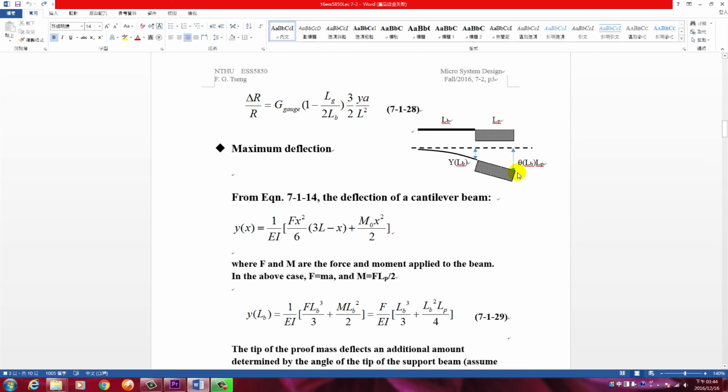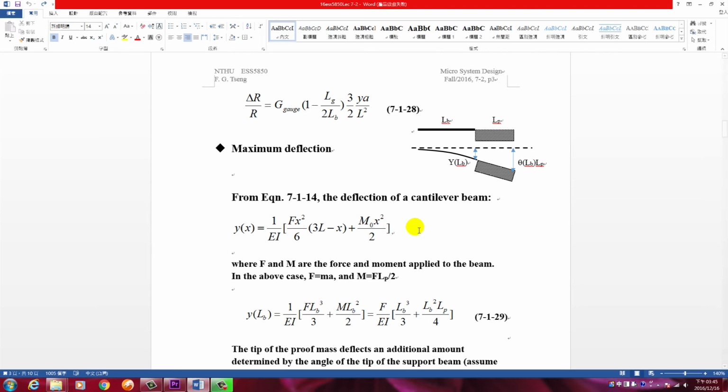So the total distance from here to here will be the deflection of the beam plus the extension from here to here. We add these two deflections together and find the total difference of the tip of the proof mass from the original position.